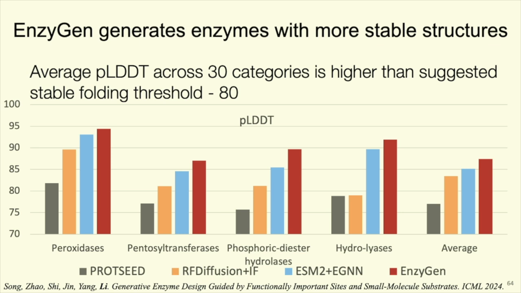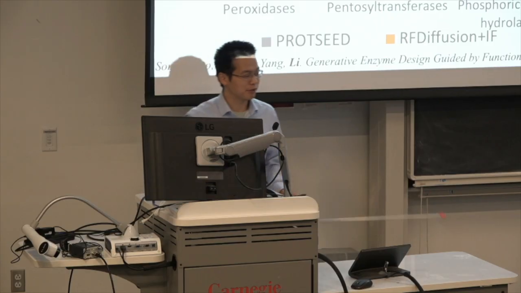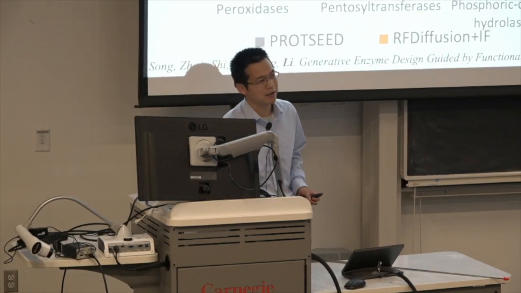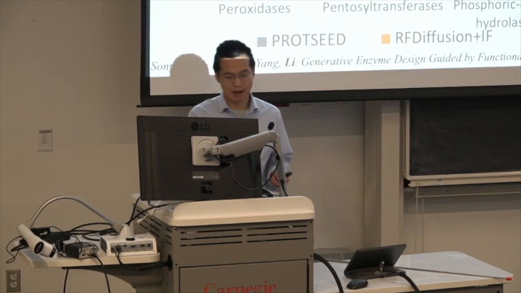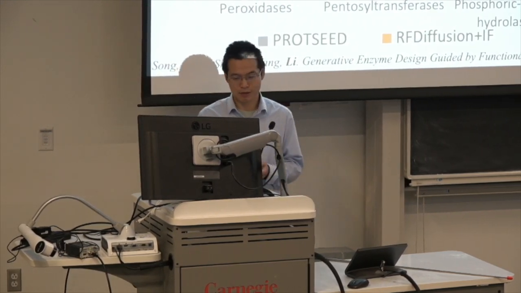There's a generally recognized rule: if the pLDDT score is above 80, the structure is stable. We also evaluate this pLDDT score for all these categories. And on average, this model will generate proteins with much higher pLDDT scores, above the 80 threshold.